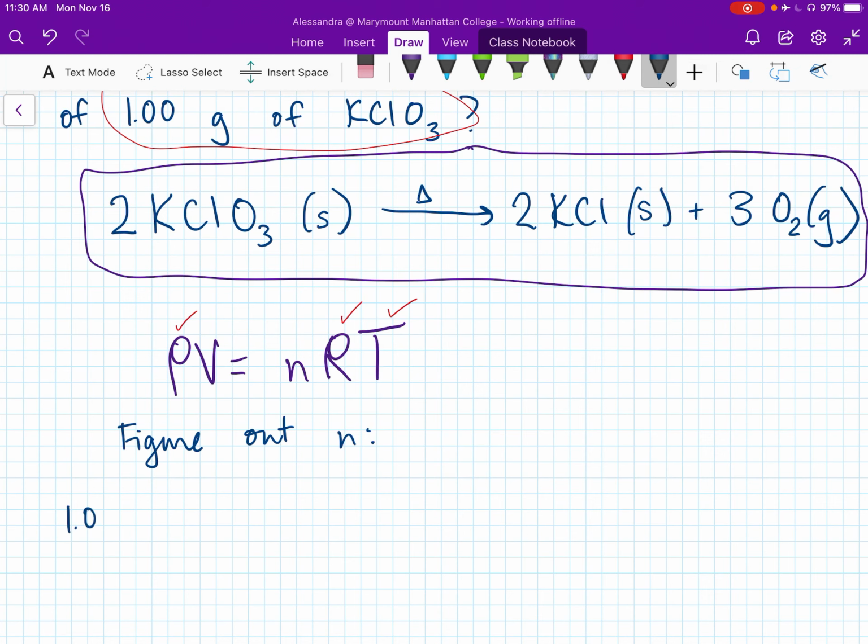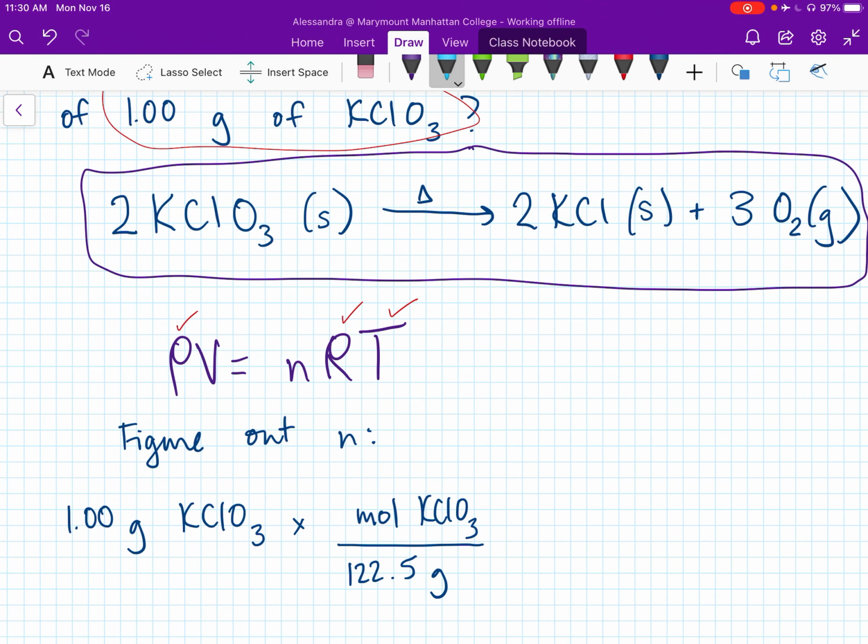So I have 1 gram of KClO3. If I figure out the molecular weight of KClO3 using the periodic table, that's 122.5 grams per mole. So I'm going to multiply by the reciprocal of the molecular weight to get rid of those grams and convert to moles. Now I want to look at the balanced chemical equation.